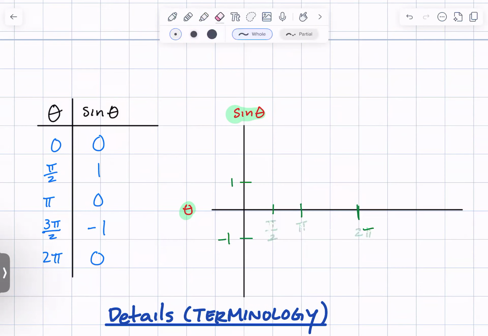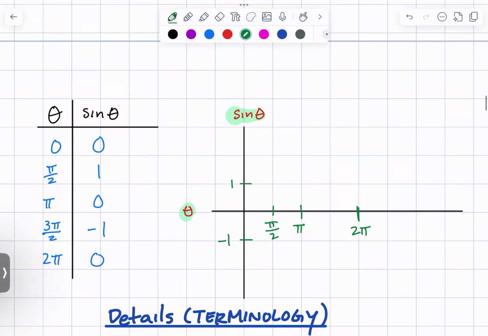I just skipped 4 units, and I label 2 pi. Half of that is 2 units at pi, and then half of that from 0 to pi is pi over 2. So once I get this unit here, I know that each unit is going to be pi over 2 long.